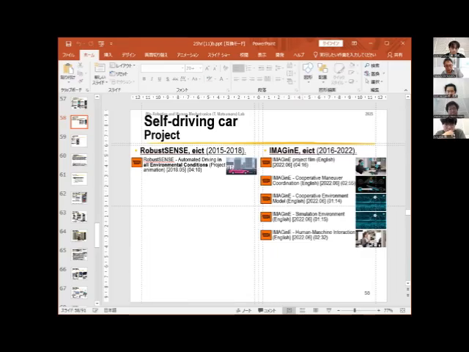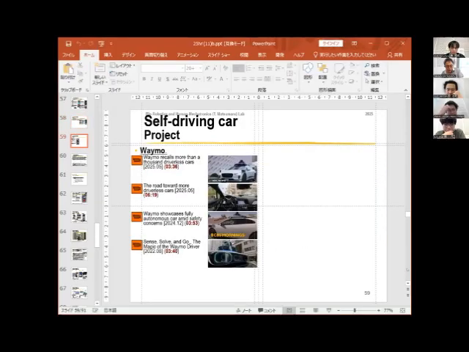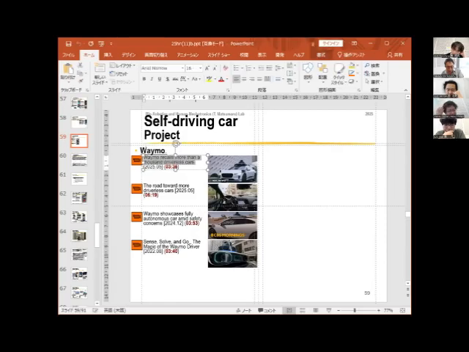And there is also an image processing project about autonomous driving cars in some countries. And as I introduced, Waymo Taxi has started service in the United States.